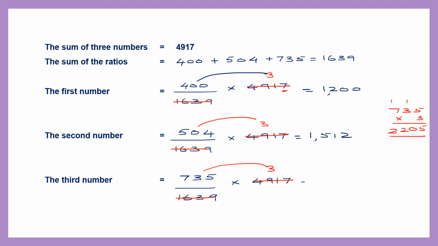So what do we have here? 2205. So now we have found all three numbers. We have 1200, which is our first number, 1512, which is our second number, 2205, which is our third number.